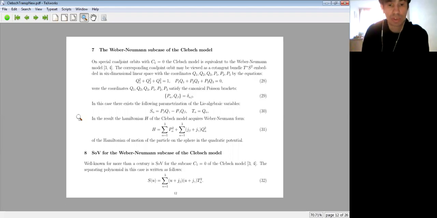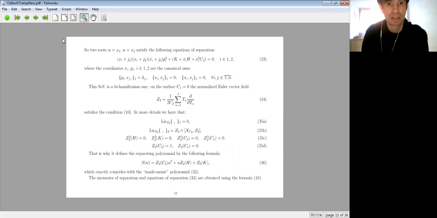Well known for more than a century is the separation of variables of Neumann. The separating polynomial in this case is written by formula 32, and its two roots satisfy the equation of separation 33. Both equations are the same, where the coordinates xi, pi are the canonical ones.